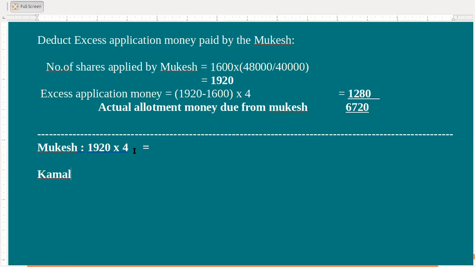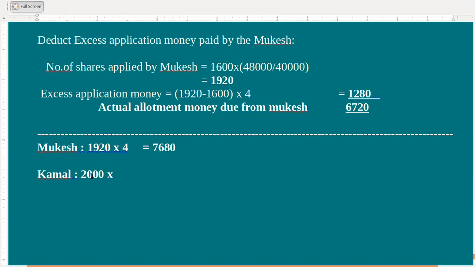Regarding Mukesh, we are receiving 7,680, right? Yes. 7,680. Okay.